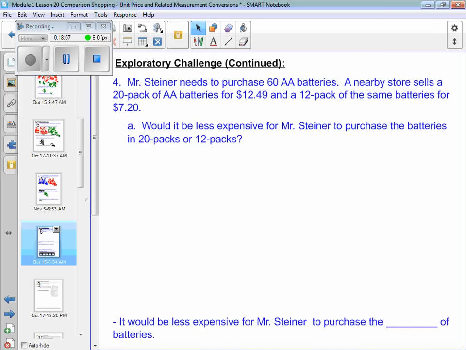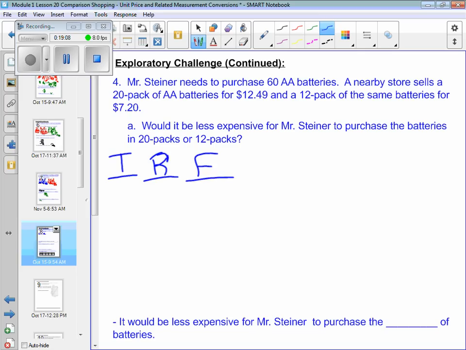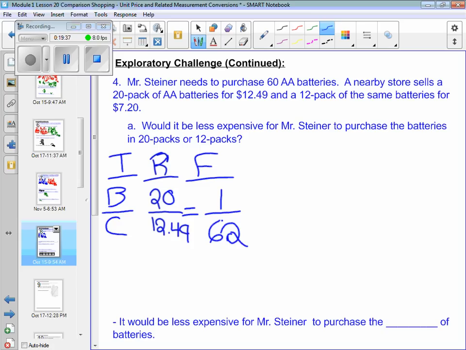The batteries. Batteries over cost. Yep, good. Which was rounded. You guys got 0.6245, right?